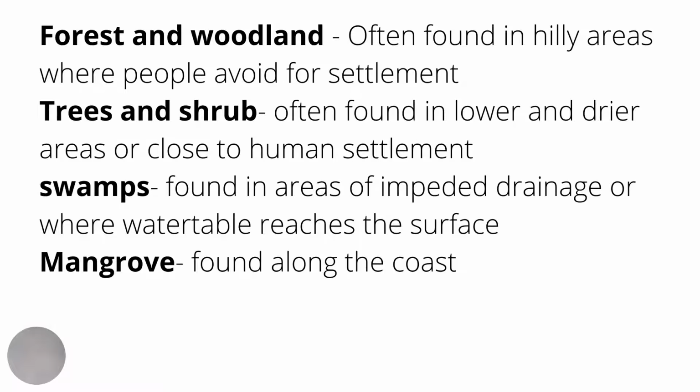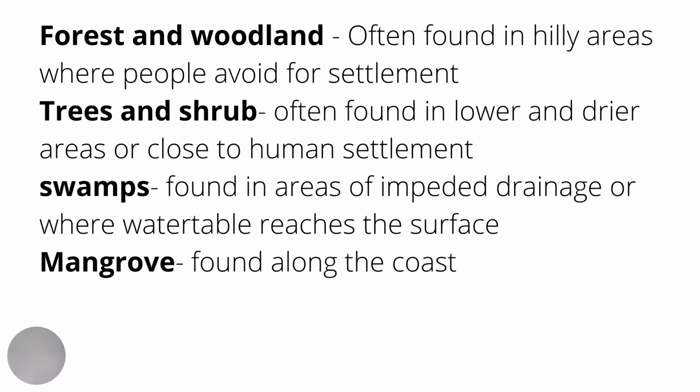Trees and shrubs, again, might, like the woodland, be developed in dry areas where little moisture is available, or they might develop in areas close to human settlement. So look for that. You will find a lot of trees and shrubs close to human settlement, which implies that these plants are secondary vegetation.